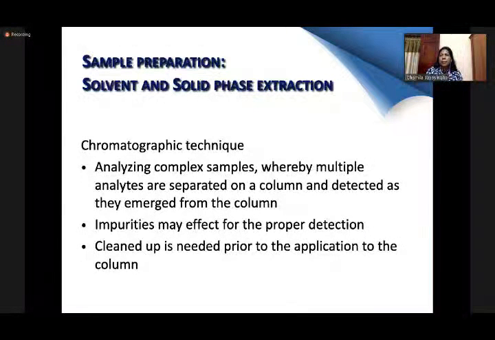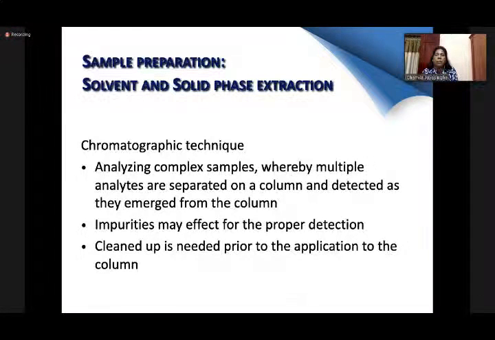Sometimes it does not come in the order A, B, C, D, E, F. It may be B first, C next, D next, then A. Whatever the way, when it goes through the column, the column separates each and every component and lets it go out of the column. It depends on the situation; we are going to talk about it later.